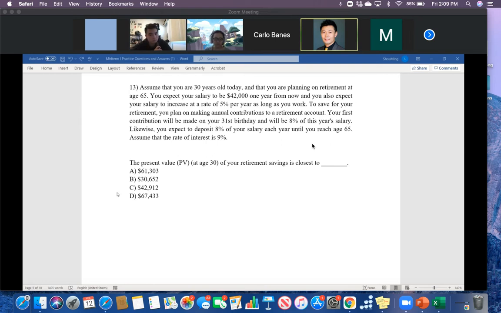To save for your retirement, you plan on making annual contributions to a retirement account. Your first contribution will be made next year when you are 31 years old, and it will be 8% of your salary at the time. You will do that until you reach the age of 65.